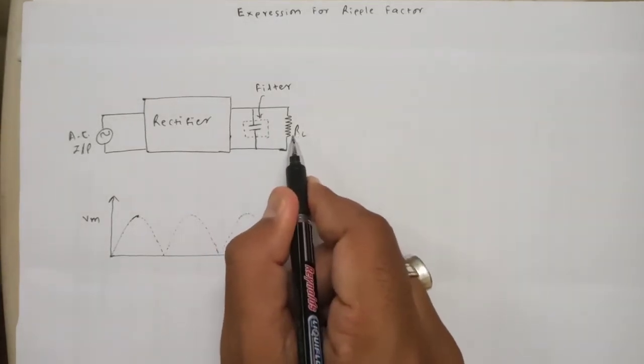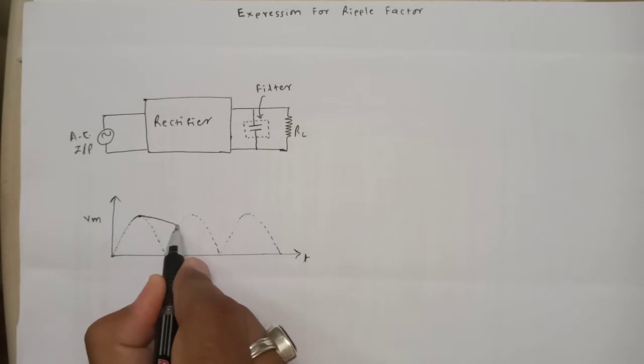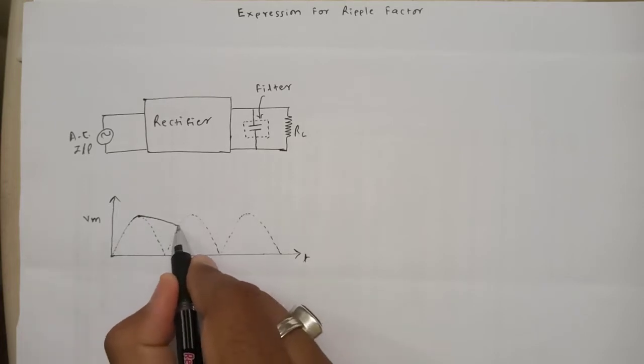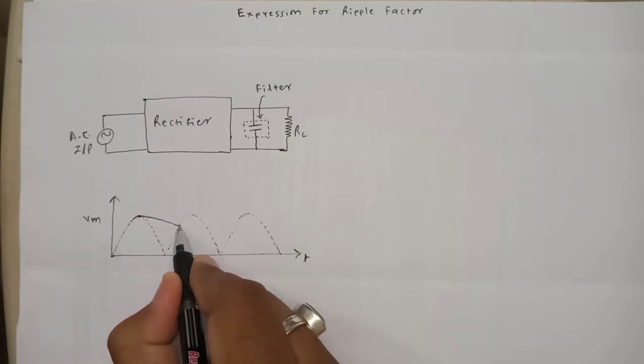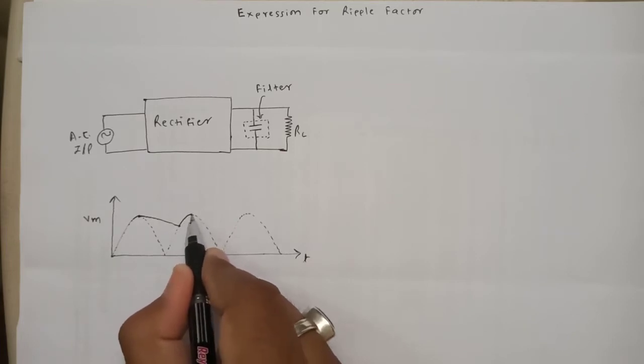the resistor has a high value, that's why the capacitor will take more time to discharge. So the capacitor discharges very slowly like this. After discharging, when this time interval comes, again the capacitor starts charging because the voltage is rising, and the voltage across the capacitor increases up to the maximum value, which is Vm.